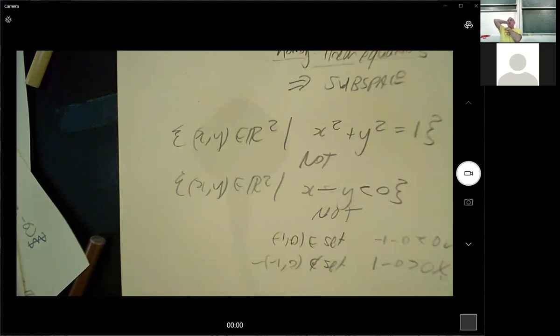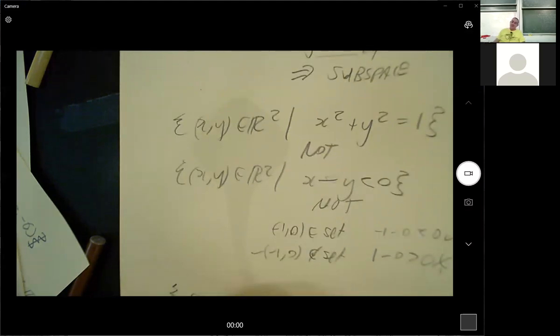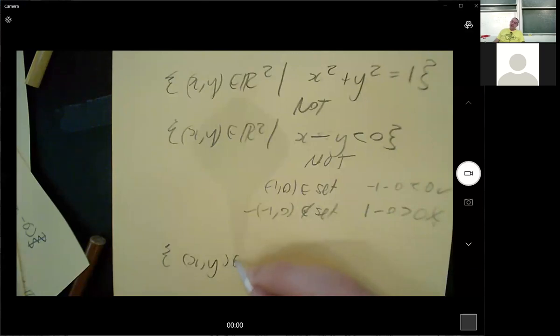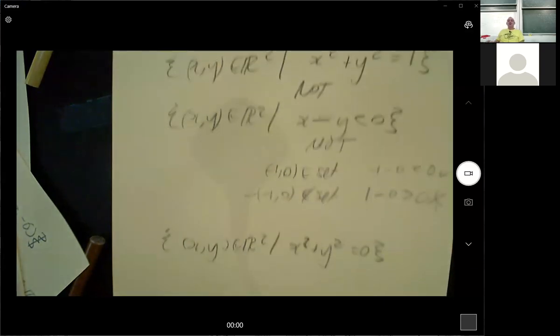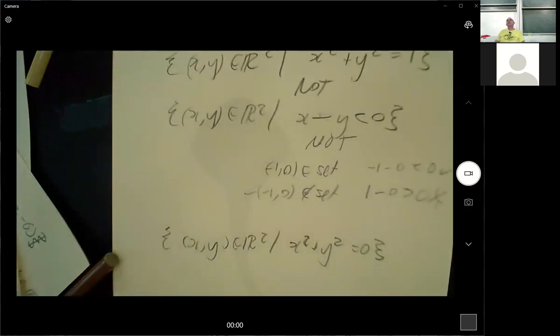So that's pretty much it for those things. Except double bluff. You can tell I'm getting tired, I'm getting louder. I'm like a toddler. This one is a subspace. Because the only way you can add two positive numbers to get 0 is if they're both 0.